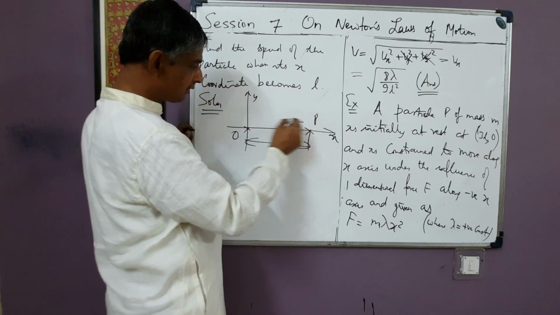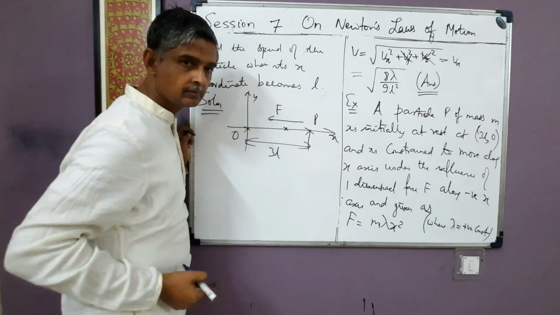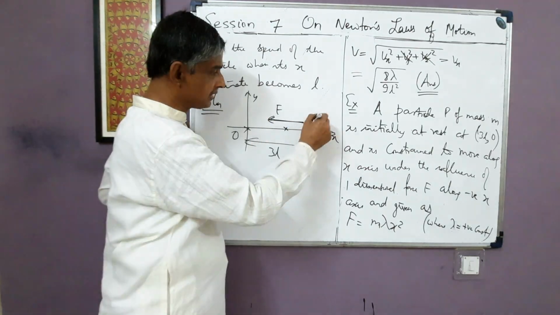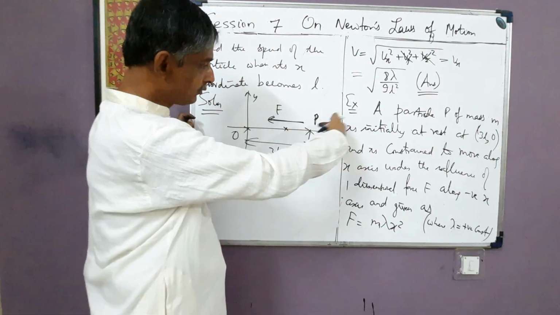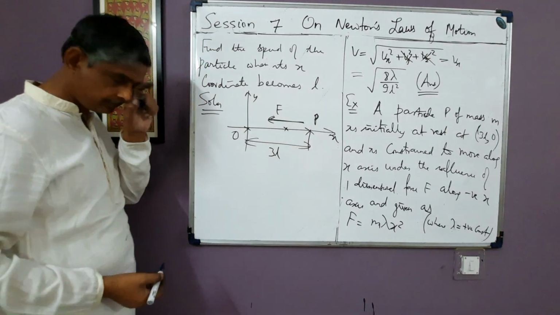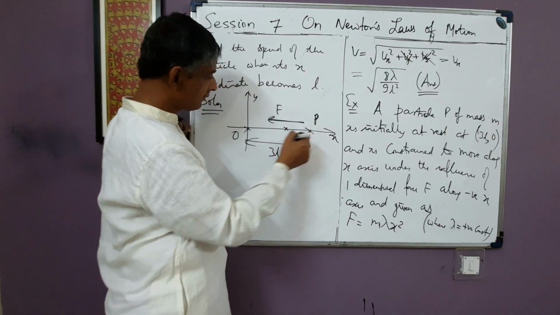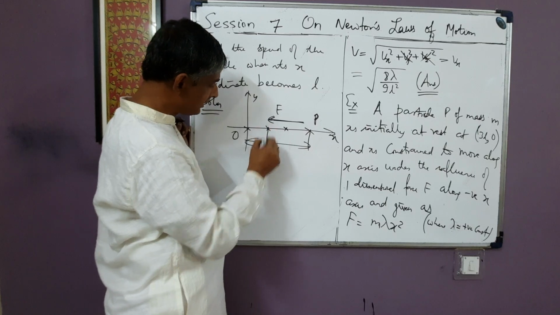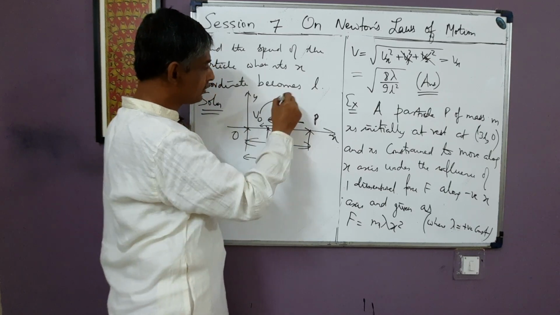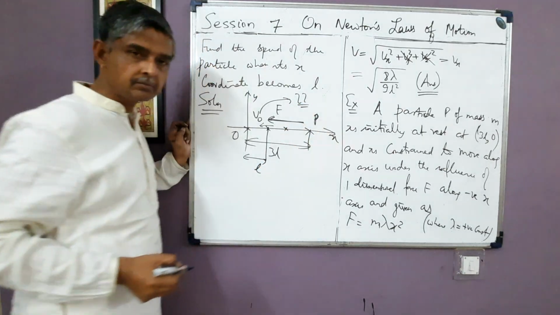The force on the particle is always along this direction, and it is at rest. So when released from rest, it will move leftward, in the negative x direction. Finally, when its x coordinate becomes L, its speed becomes v naught. This v naught we have to determine.